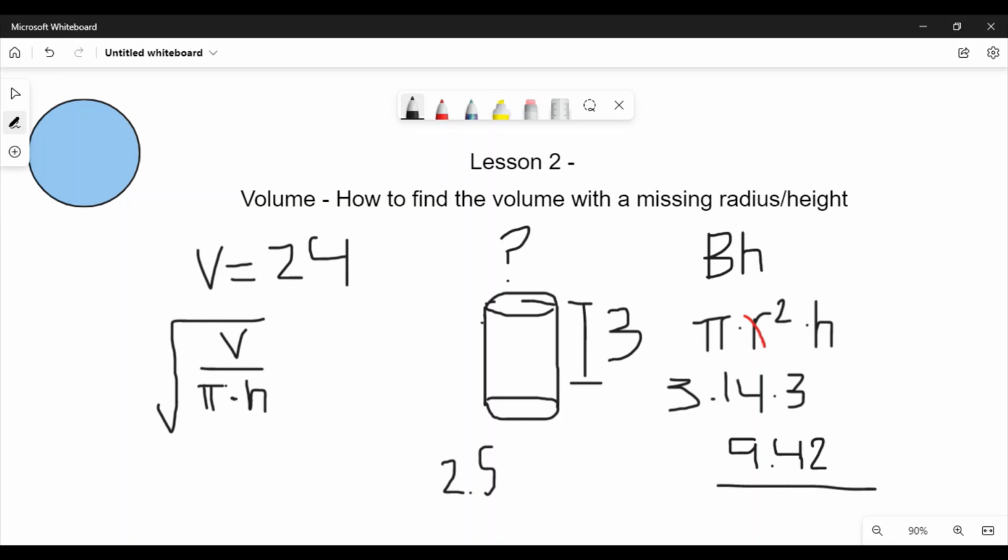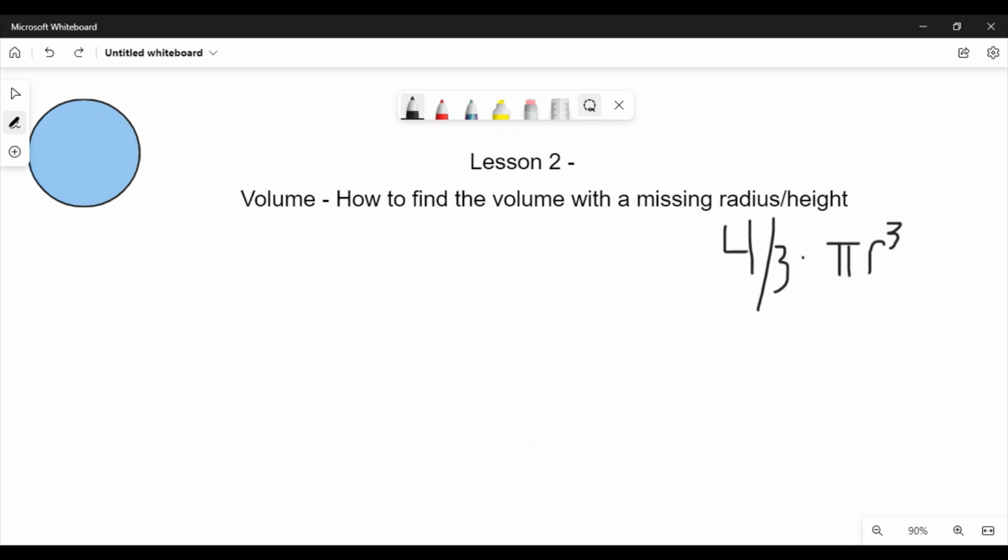Oh, I'm sorry. Wait, no. We got 2.5 when we divided it, and now we have to find the square root of 2.5. And the square root of 2.5 is 1.6 when you round it to the tenths place. So the radius is 1.6.